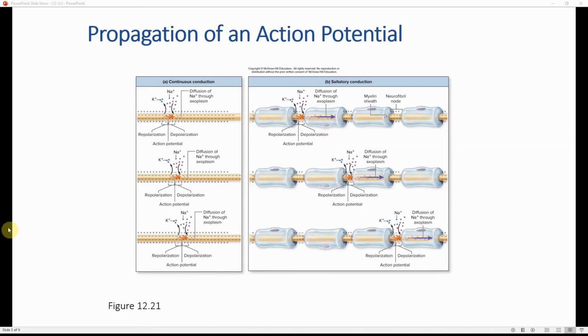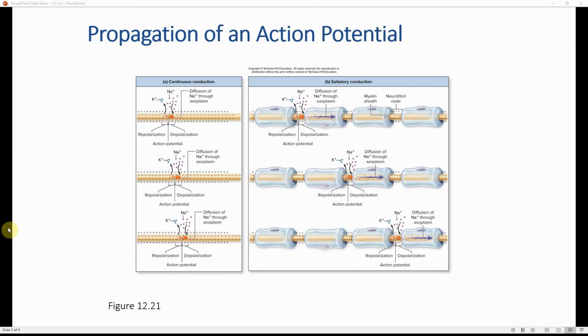On the left, we have continuous conduction with our sequential opening of sodium channels, and then as the sodium rushes in and changes the electricity, we have the opening of the electrically gated channels next to that. The sodium rushes in there, and that causes the electrically gated channels next to that to open.